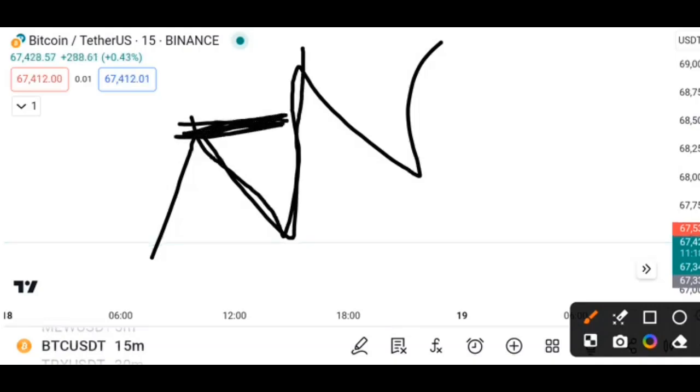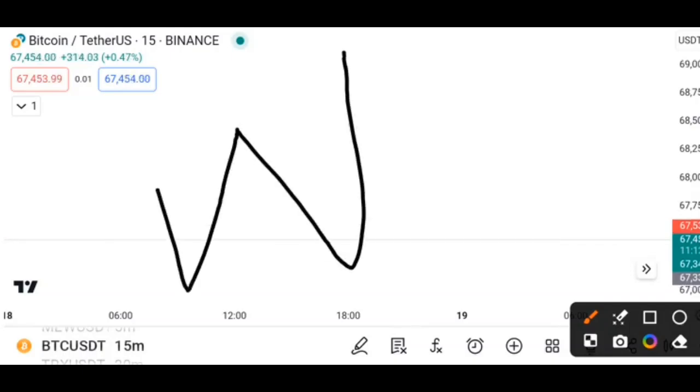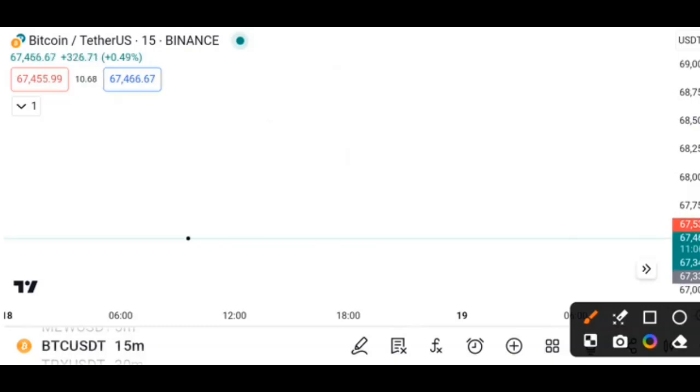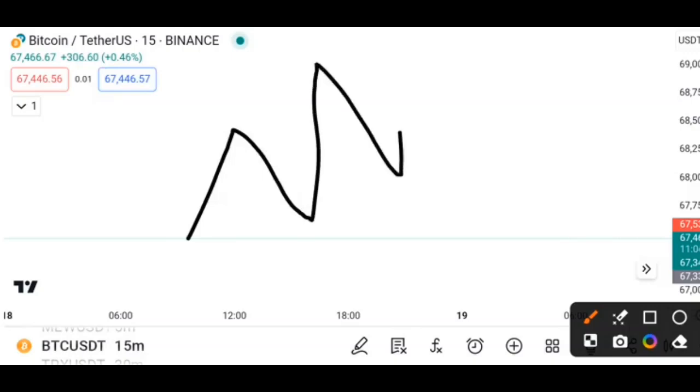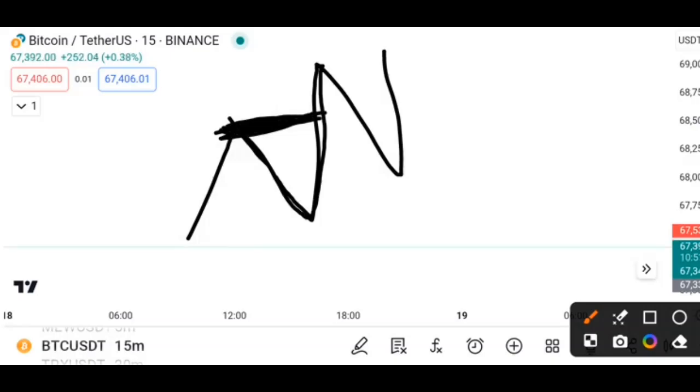So let me draw this again. This breaking above this high right here is the break of structure. I believe you get what I just said. So for the market to pull back and make a higher high, it needs to break above this previous high right here. So this break above this high is your break of structure. So I believe you know what break of structure is now.